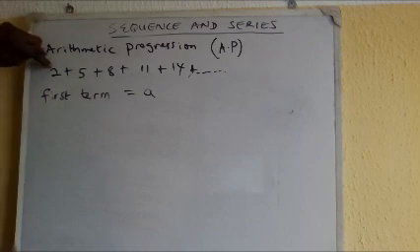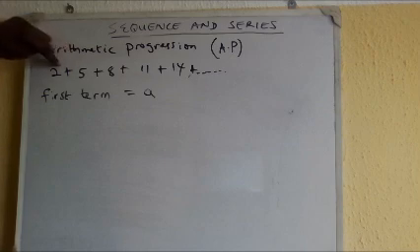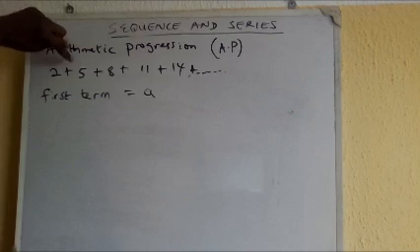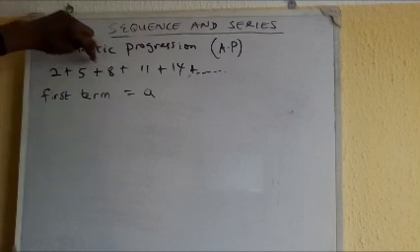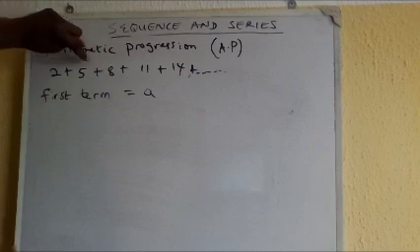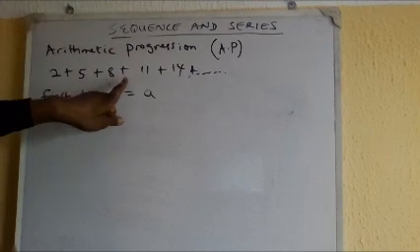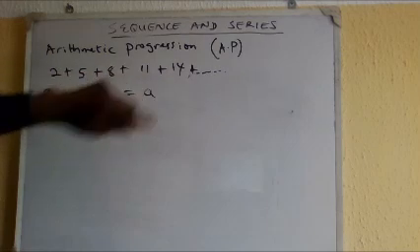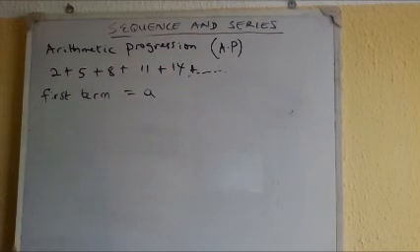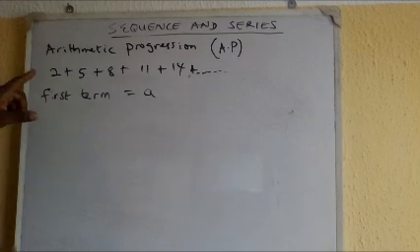Then after 2, I have 5. What's the difference between 5 and 2? There's a 3 in between the two of them. And 5 and 8, there's a 3 again. So I can see that these terms progress by adding 3 to the previous term. If I start with the first term and add 3, I get 5.